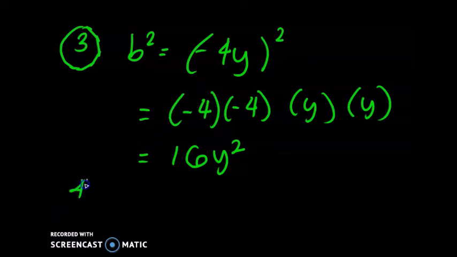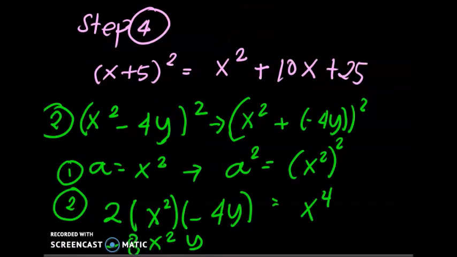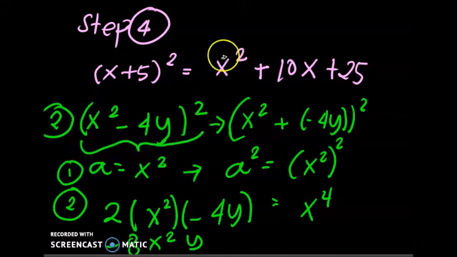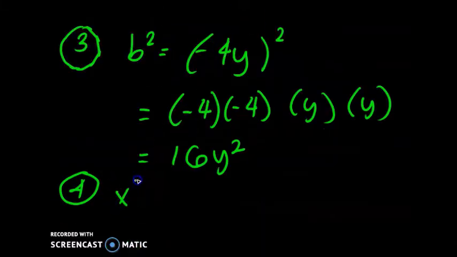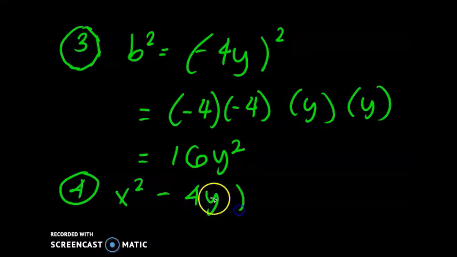So our last step is to combine all of the given answers. Here in this example, we must go to the first expression and use it again: (x² − 4y)².